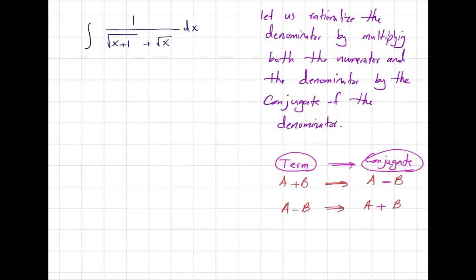So what is the conjugate of the denominator? The conjugate of our denominator is square root of x plus 1 minus square root of x.